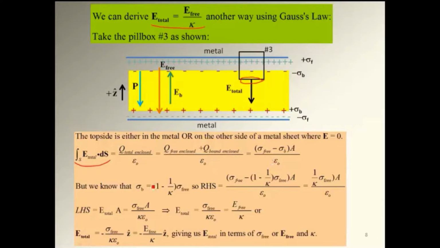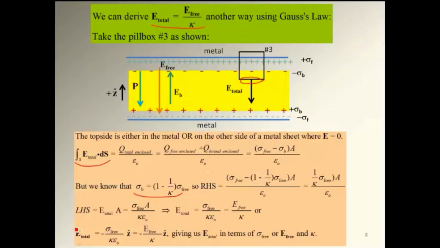But we've already determined that sigma b is related to sigma free, like this. So we can eliminate sigma b by taking sigma free minus this quantity right here, times A divided by epsilon naught. And then crank and grind, get rid of things, and what you have is 1 over kappa sigma free times A divided by epsilon naught. That is the right hand side.